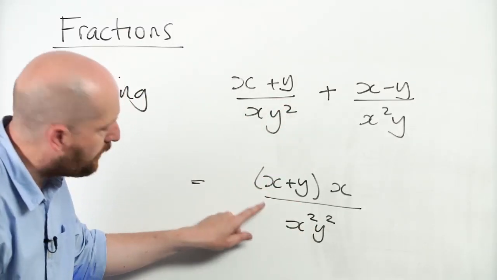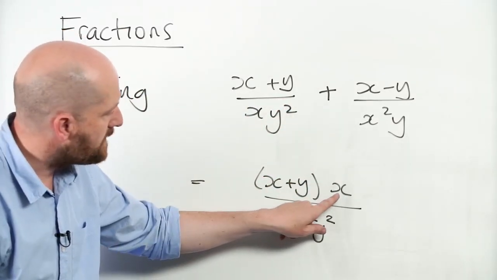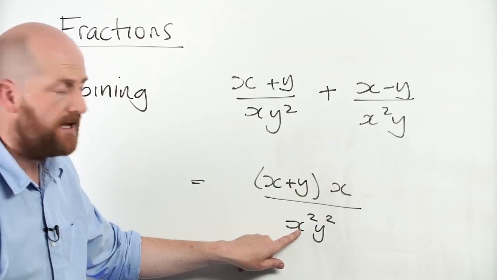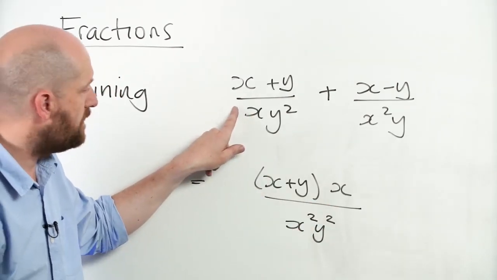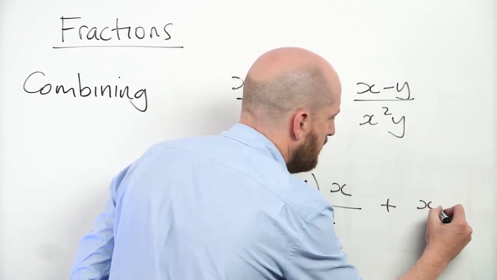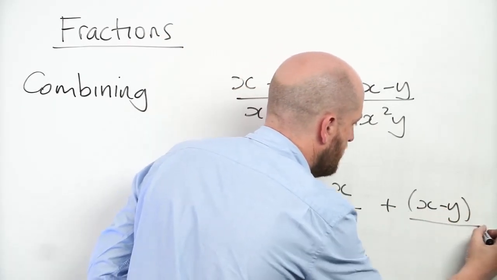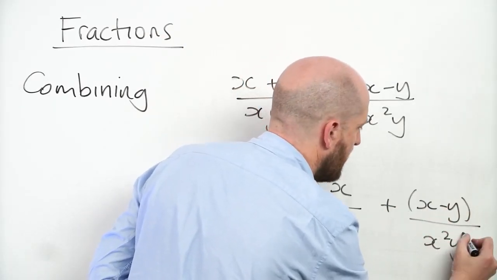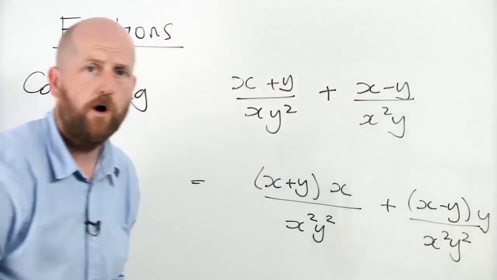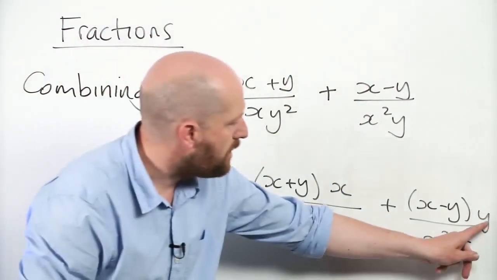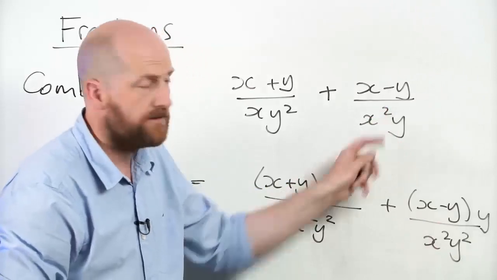So just think about this fraction here. If I were to cancel out the x and one of the x's here, I would get back to this expression. The second expression, to get it over this common denominator, I multiply by y. Again, think about the y's cancelling and you get back to this expression.